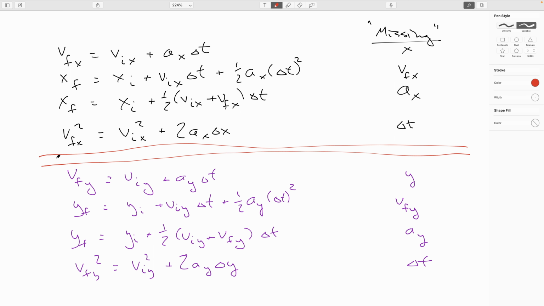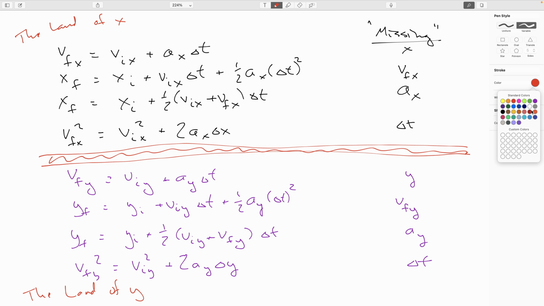So now what I'm doing here is I am walling off the territory between what I'd like to call the land of x, and over here the land of y. And the important thing to know is that no information can travel back and forth between these with one exception.